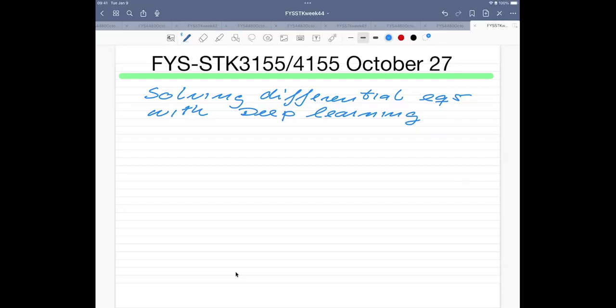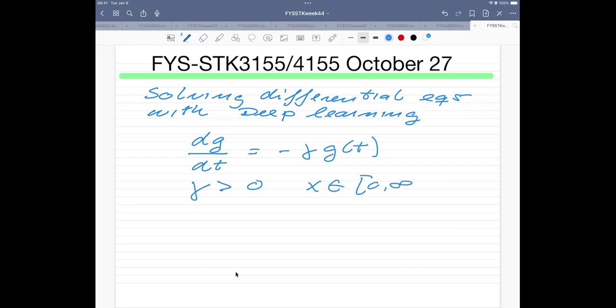What we did then, we started with something pretty simple. Let me quickly remind you of that. We had dg/dt, the standard exponential decay equation, where gamma is assumed to be a parameter larger than 0, and t lives between 0 and infinity.